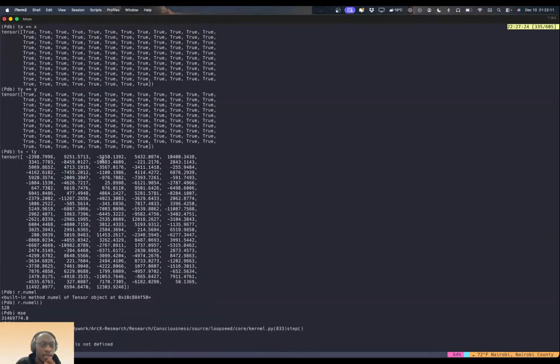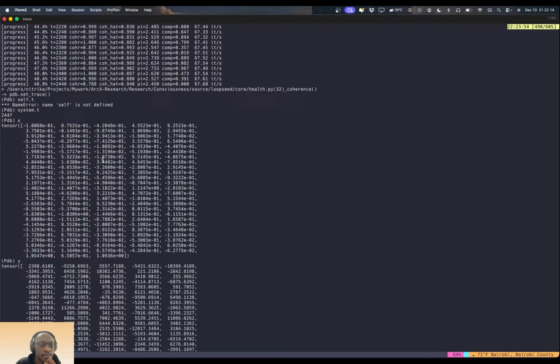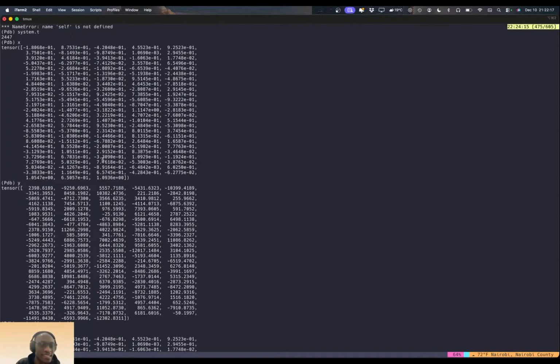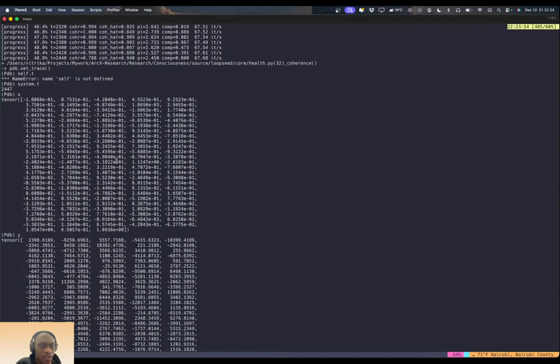For those who were not with us yesterday, I'll run you through what we found. We printed a few parameters. The x is the sensation, which is what the model is sensing at the current step.